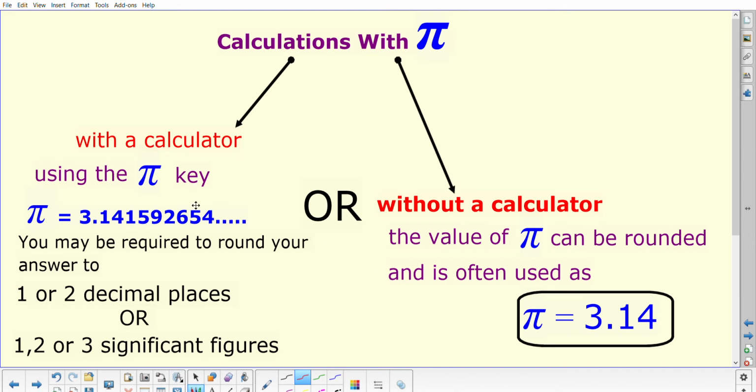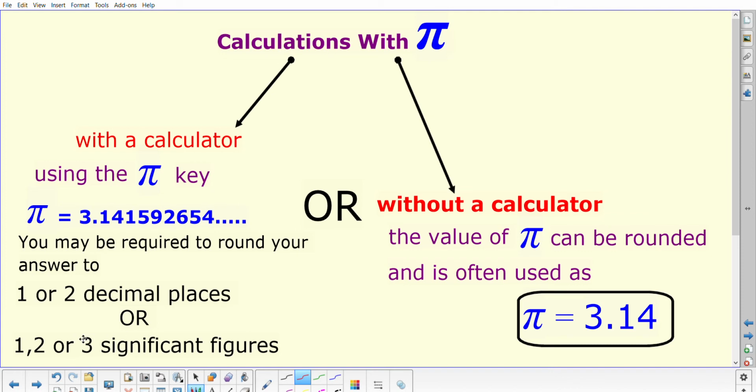Calculations with a calculator, as we've just said, we'll be using the pi key. Your answer invariably will need to be rounded because you get loads of decimals when you do this. If they don't tell you what to round to, then 2 decimal places is usually the normal practice.